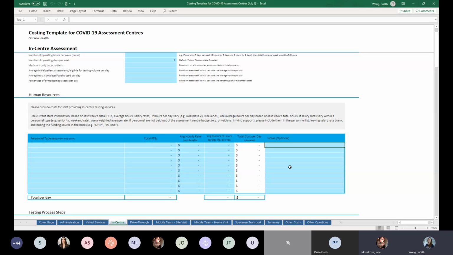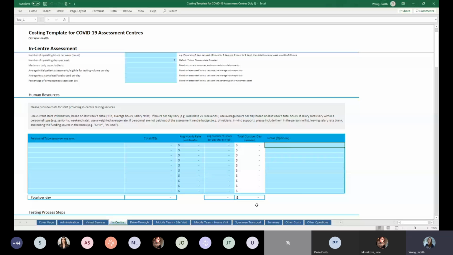Right. So since those are currently being provided as in-kind and the focus of the template is current costs, you would put those as in-kind currently. So you would enter the personnel and you would note the current funding source is your family health team.